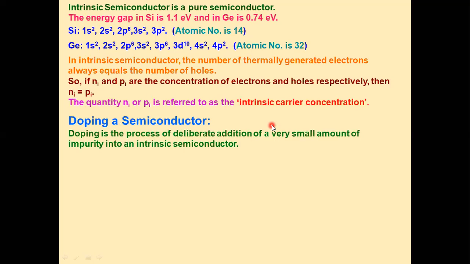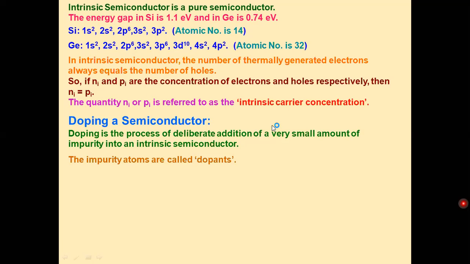When a small amount of impurity is added into the pure semiconductor, this is known as doping, and these impurity atoms are called dopants.